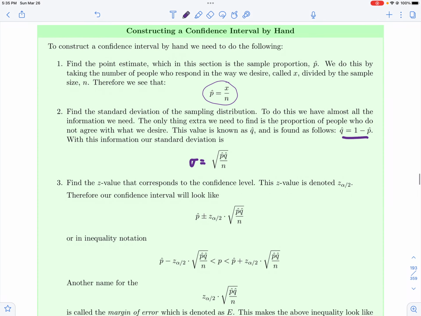So we are back to z-scores in this section. With proportions, we're always going to be using z-scores and our normal distribution. If we look at our formula for this, you can see that it looks pretty much exactly like what we had before, except we have a sample proportion instead of a mean, and our standard deviation is just going to be the square root of p hat q hat, all divided by n.